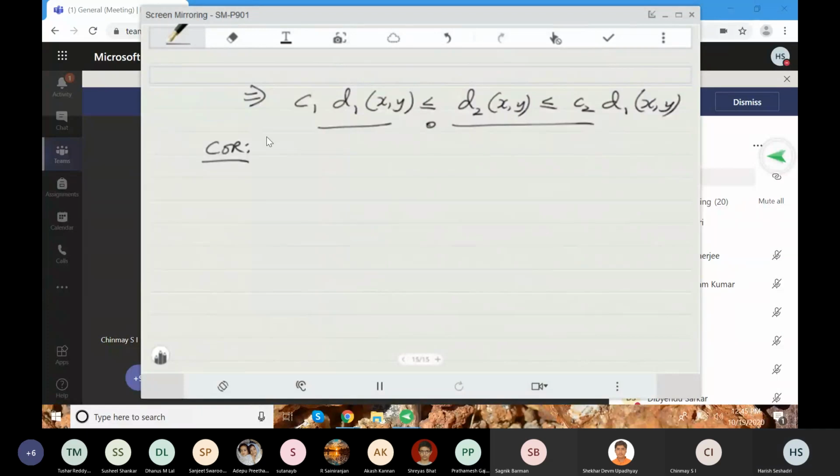So let f be a function from Rn to Rm. The notation becomes a bit unpleasant here.